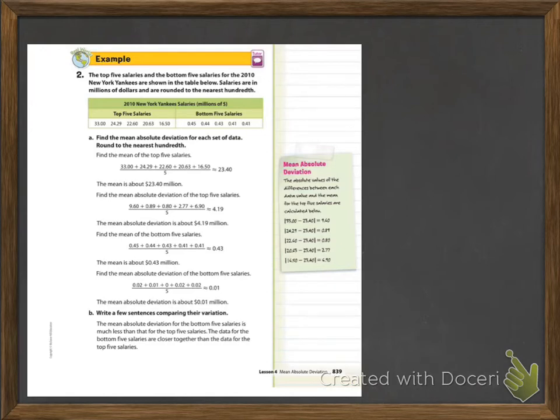Okay, so what they did here is everything that we just got done doing, twice. I would find everything I needed for the top salaries. I added up these 5 salaries and divided by 5, and they got 23.40. Then they took 23.40 and subtracted it from each of these numbers, just like we did before, and wrote that off to the side for you.